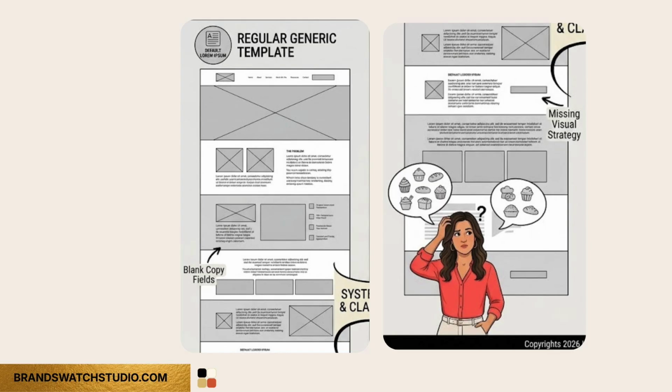Yeah, I've bought templates where I totally give credit to the owner for creating beautiful templates, but when it comes to the copy, their placeholder text is about cupcakes, icing, bakery references, and it's just like, huh? So it tends to leave you more confused than when you started because you're stuck trying to figure out what to actually write in every block or every section.